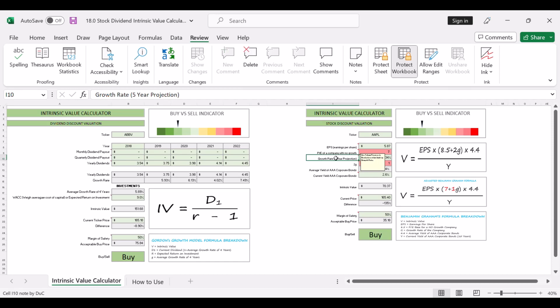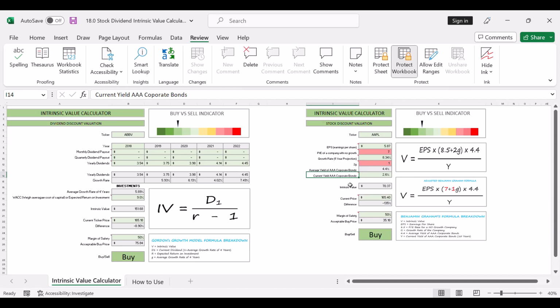The growth rate, and you get that again at Yahoo Finance or any financial website, is 8.34%, and I have a 1G again to be conservative. Your average yield is usually just 4.4%, and your current yield is 2.6%. You get that information off the Fed economic data, and that changes, of course, every month.